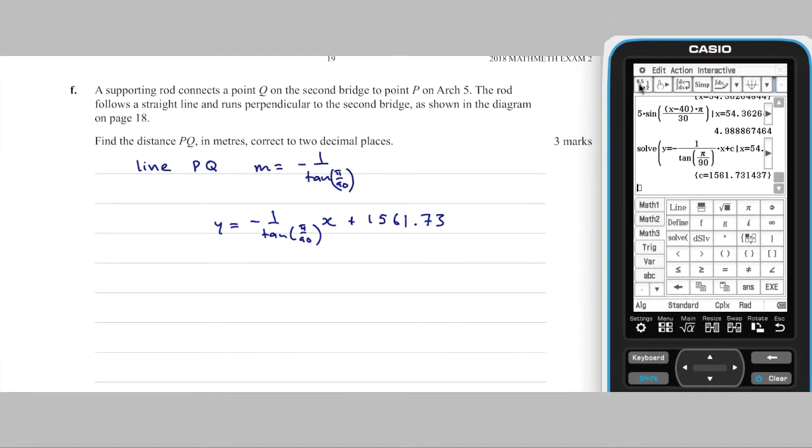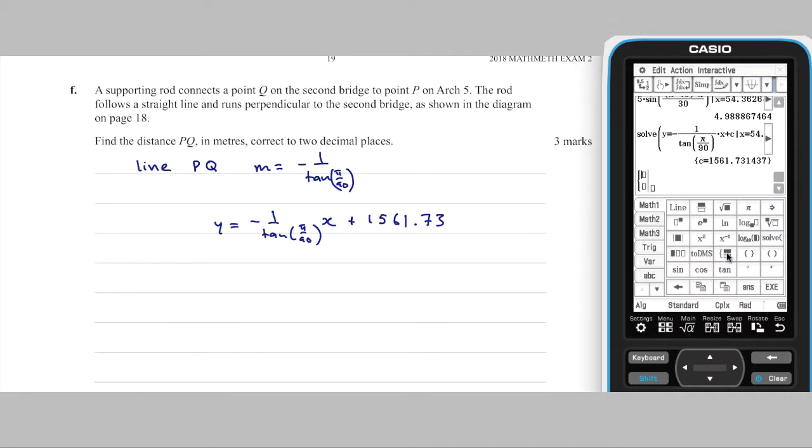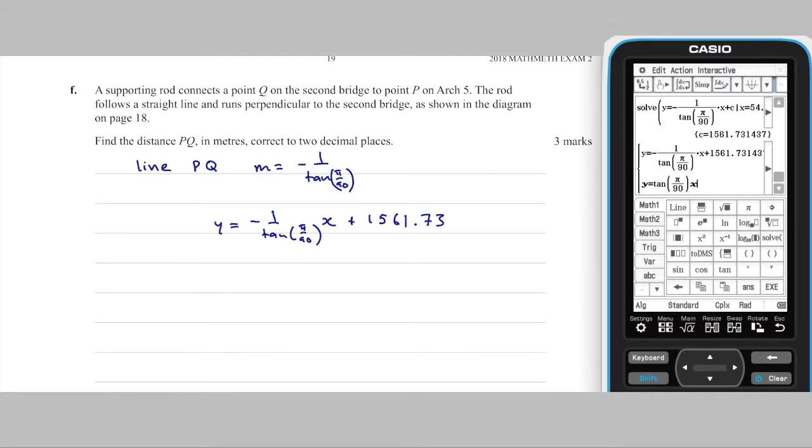We can now find the intersection of this line with the line of the bridge. The line of the bridge will have equation y equals tan pi on 90 x plus 5 based on its y-intercept.